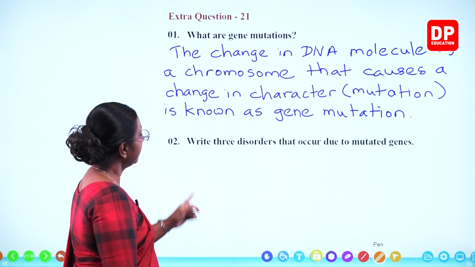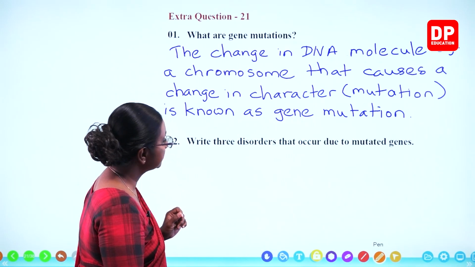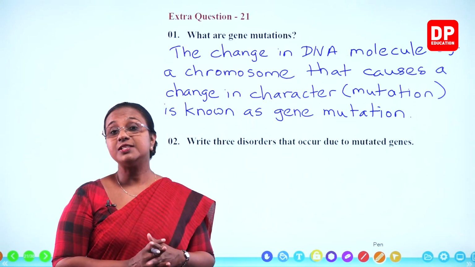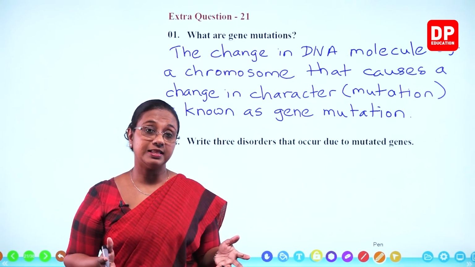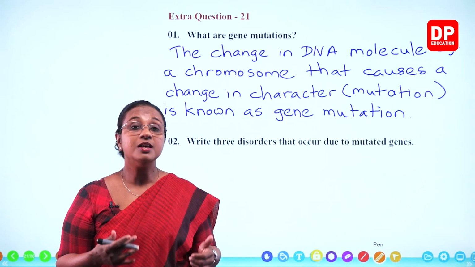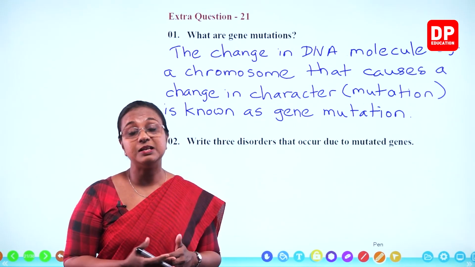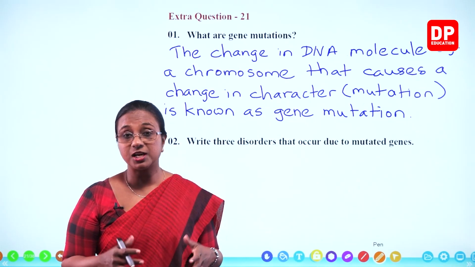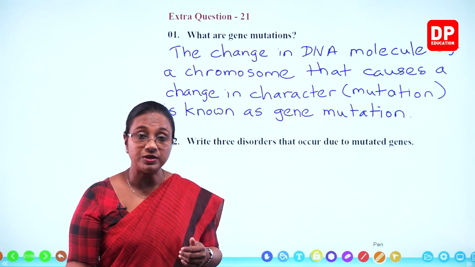Then here you can see, write 3 disorders that occur due to mutated genes. So you're familiar with some of the disorders. What are they? Albinism. Albinism is a disorder where the production of melanin pigment is reduced. The gene responsible for the production of melanin gets mutated.